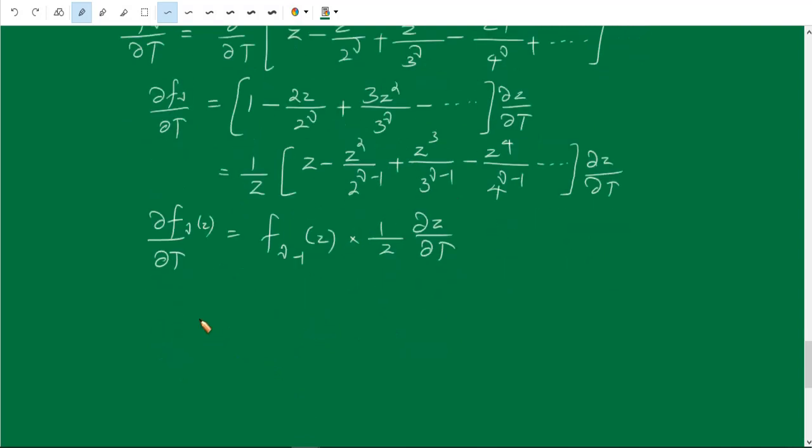Also we have another expression. So we have N by V is equal to g divided by lambda cube f3/2 of z.